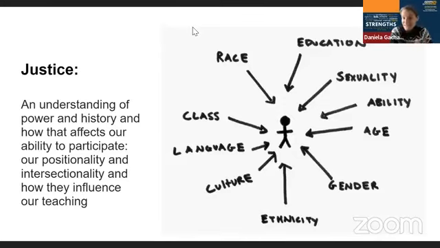In South Africa, the legacies of apartheid, it's 20 years ago, but we can still feel them. Our lived experiences are still highly different, depending on our race, our language background, our cultural background, gender, our age, class.